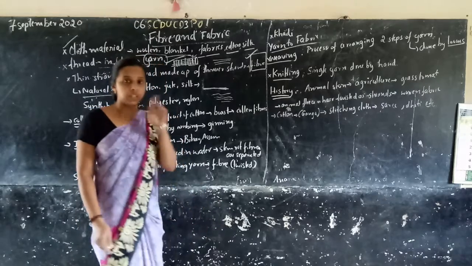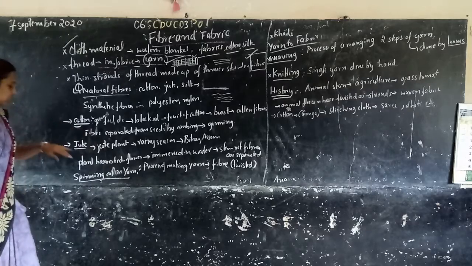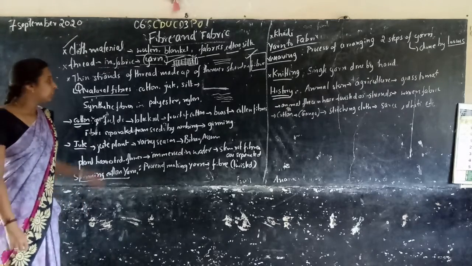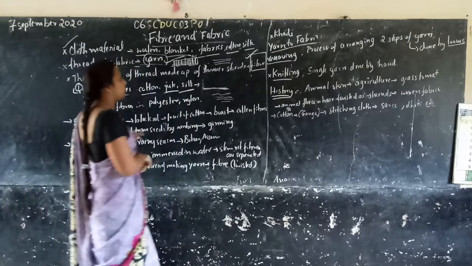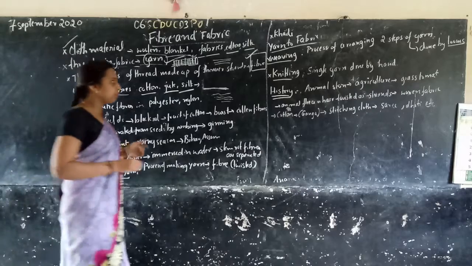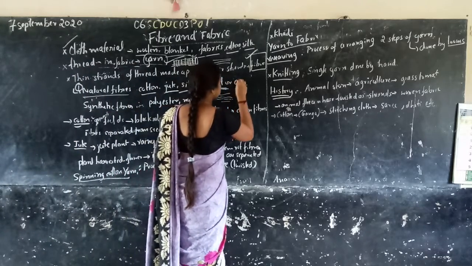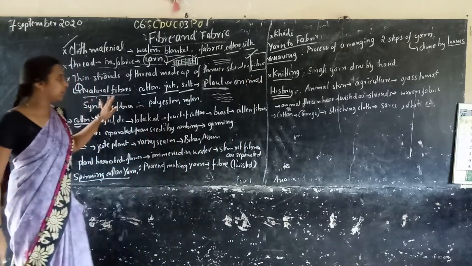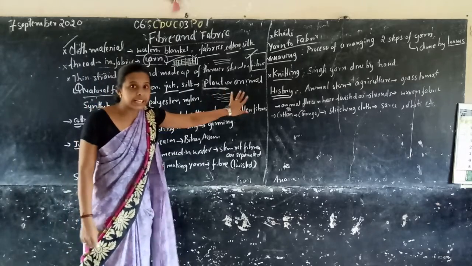There are two types of fibers. The first one is natural fibers. What is the meaning of natural fiber? Fibers like cotton, jute, silk. Where do they occur? They occur from plants or animals. So natural fiber means a fiber which comes from a plant or any animal.